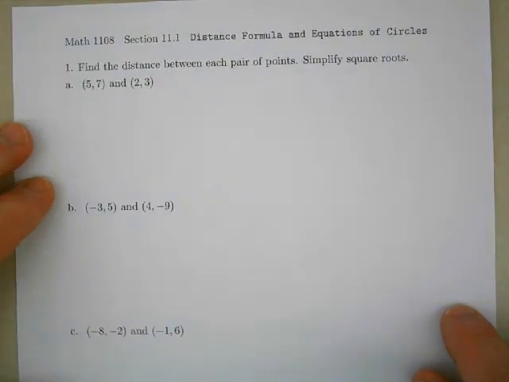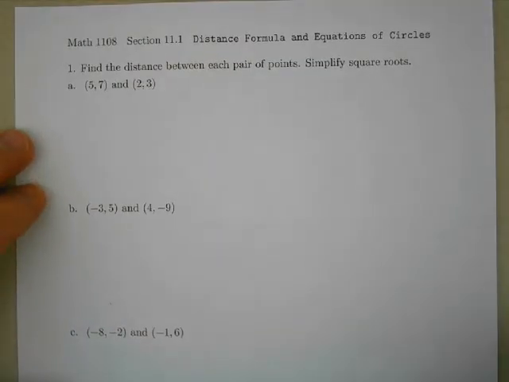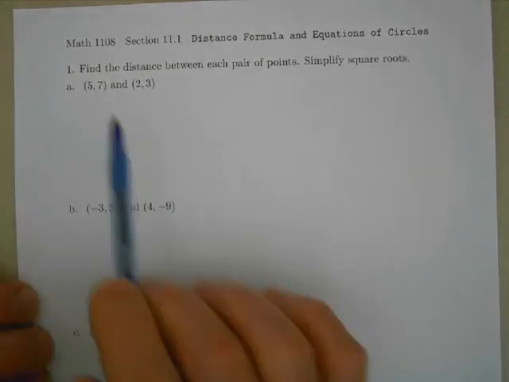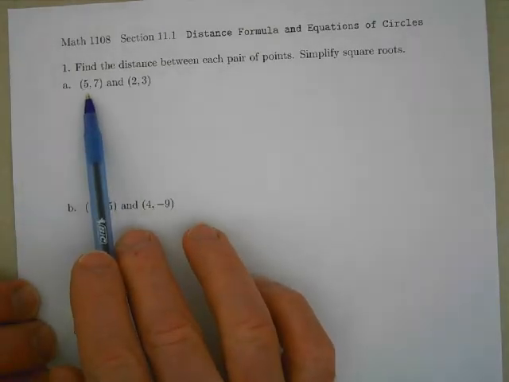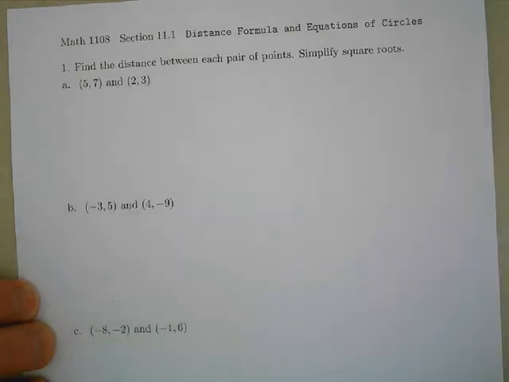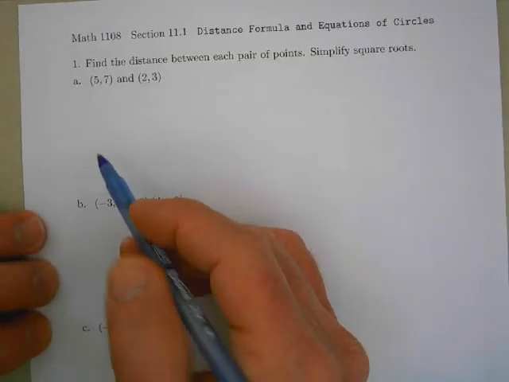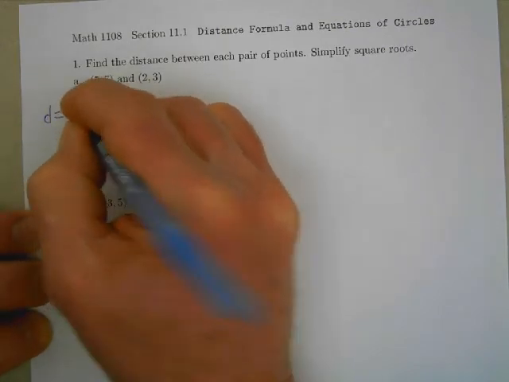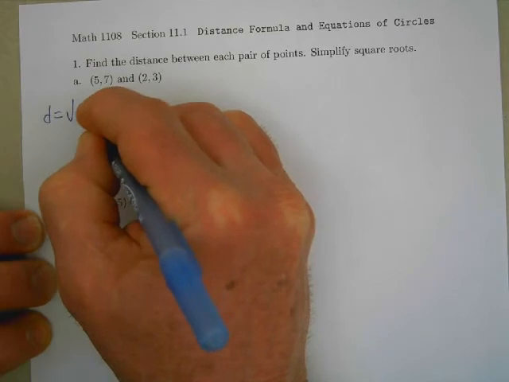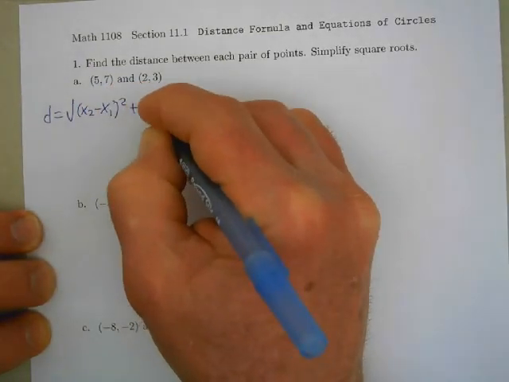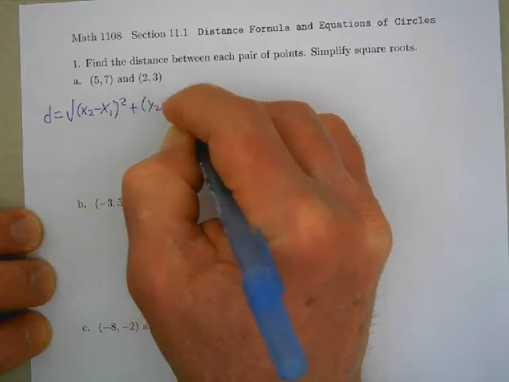Okay, we're going to use the distance formula to find the distance between each pair of points. And it doesn't matter which point you label x1, y1, and which one you label x2, y2. But for convenience, I'll just write down the distance formula here. The distance is the square root of x2 minus x1 squared plus y2 minus y1 squared.